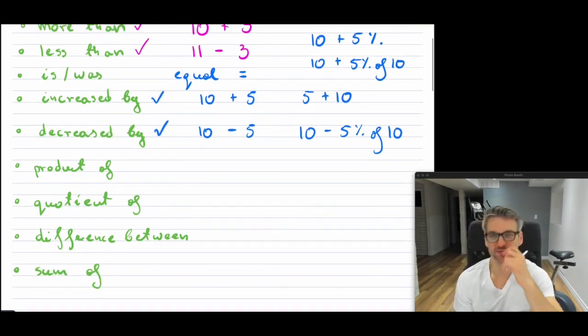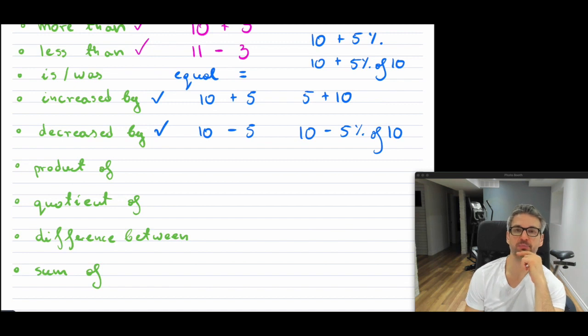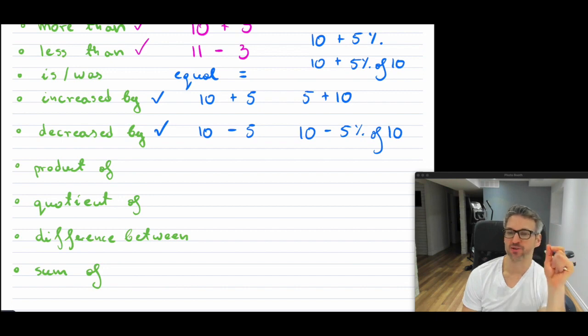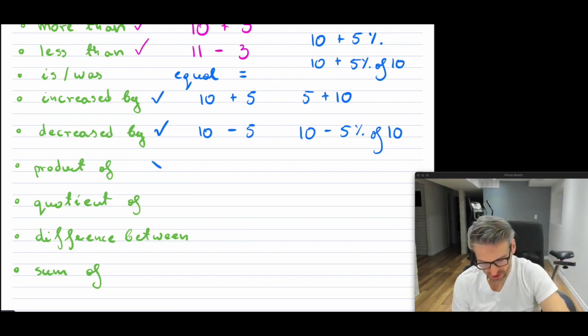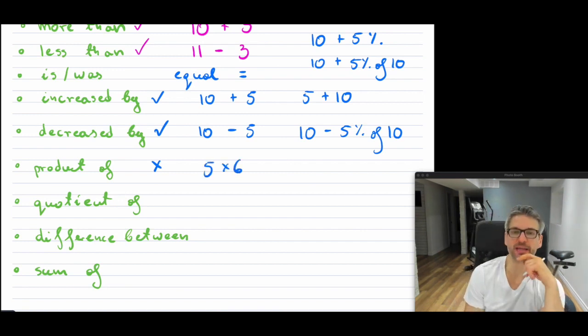Now we have "product." Sometimes the word product is just removed. You might see something like the product of 5 and 6. The word product means multiply, so product of 5 and 6 is what it would be.